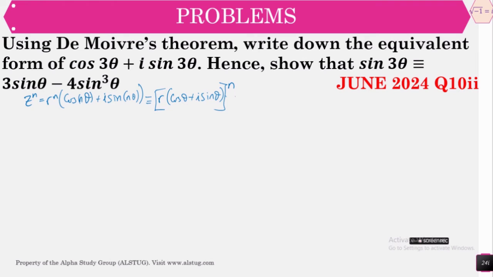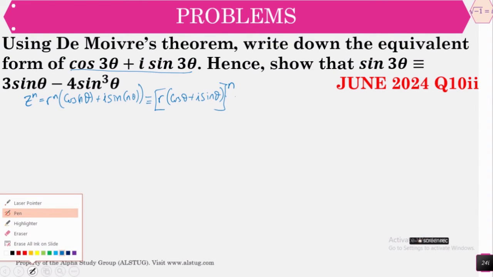Now, in principle, what the question is asking from us is to express cos 3 theta plus i sin 3 theta in this form, because they said write down the equivalent form according to De Moivre, anyhow we pronounce it. So we are going to try to write cos 3 theta plus i sin 3 theta in that form. It's the start of the question.